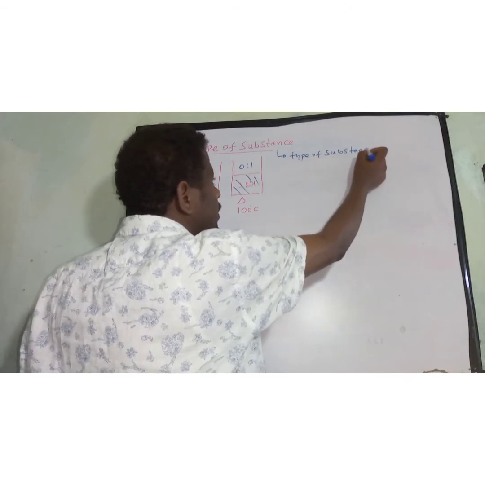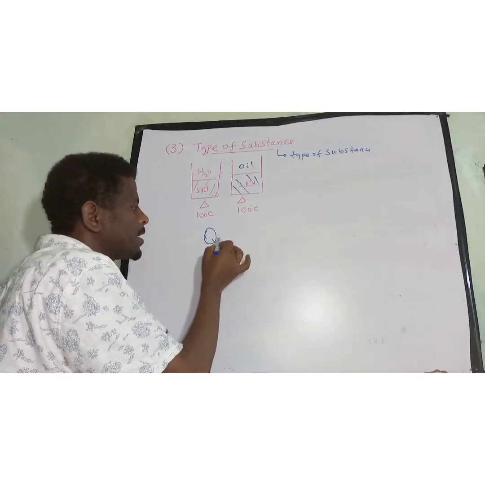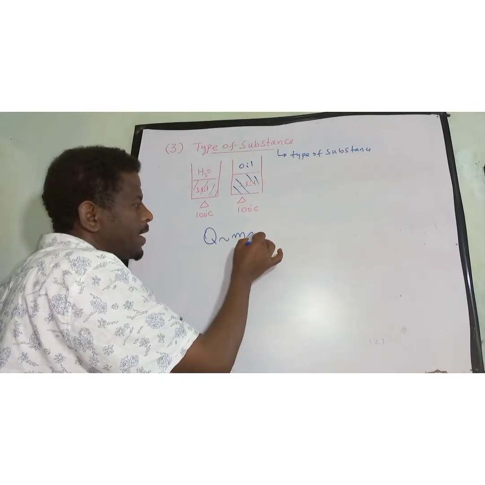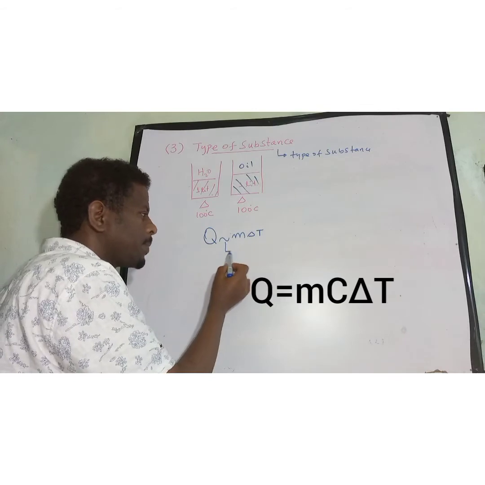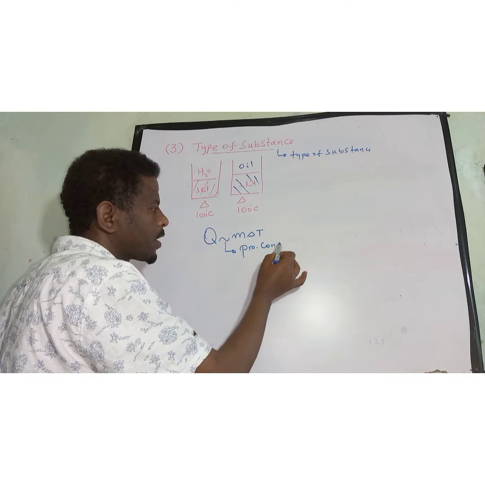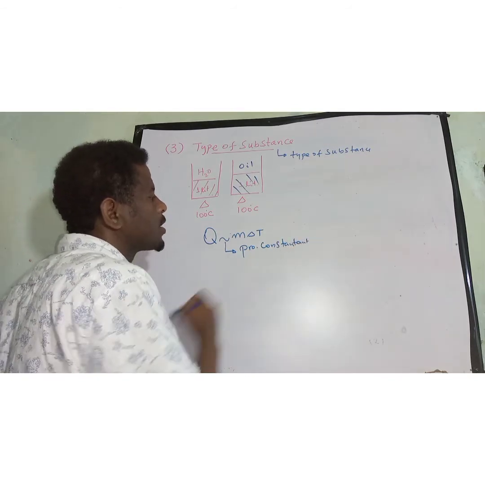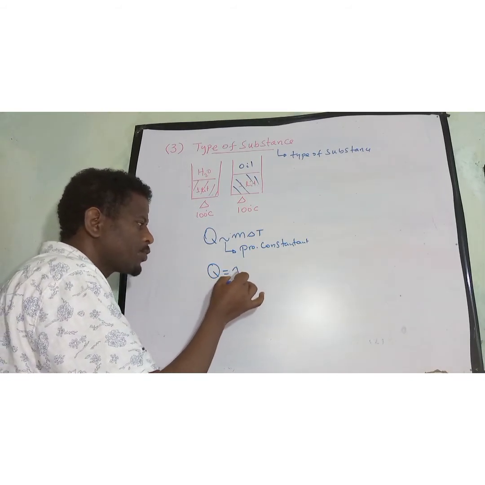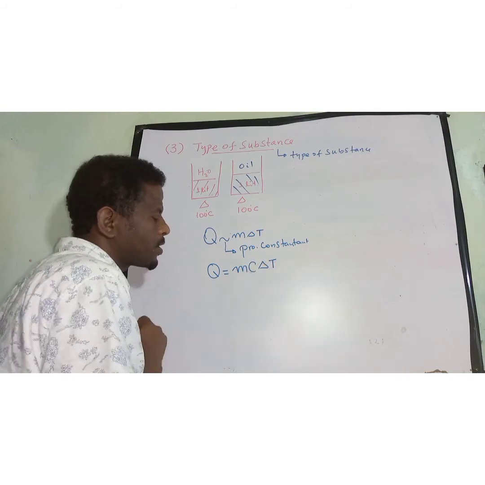From the above expressions, the quantity of heat is directly proportional to mass and directly proportional to change in temperature. There is a proportionality constant, which satisfies the equation Q equals m times C times change in temperature.